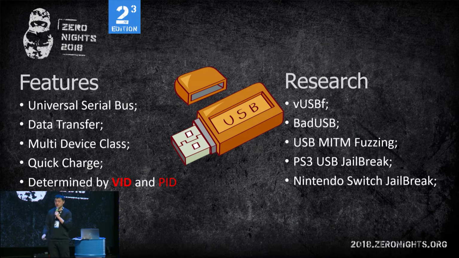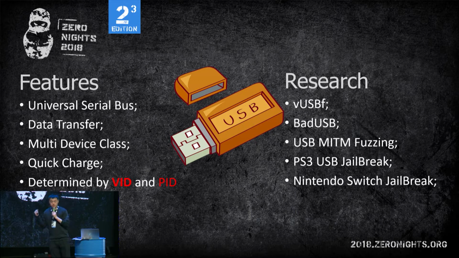Also, the most famous USB bug in console hacking is the PS3 USB jailbreak. There was a bug when they process the USB descriptors, and they used this bug to achieve code execution on the PS3.